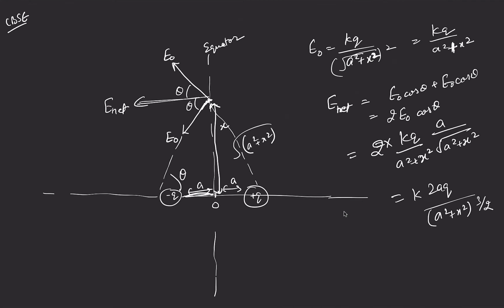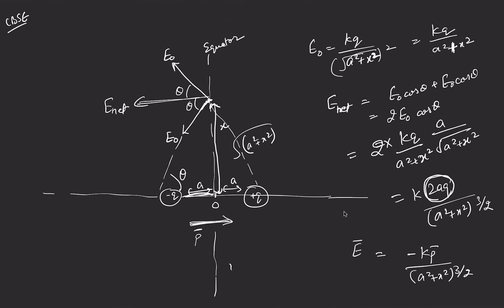We can see that the direction of E net is opposite to the direction of the P vector, and the magnitude of the P vector is 2aq. So we can replace 2aq by the magnitude of the P vector, and E vector can be simply written as minus k times P vector by a square plus x square raised to power 3 by 2.